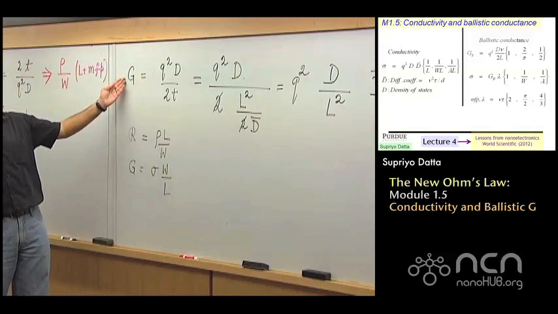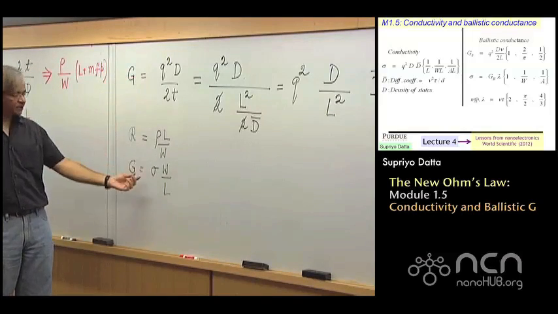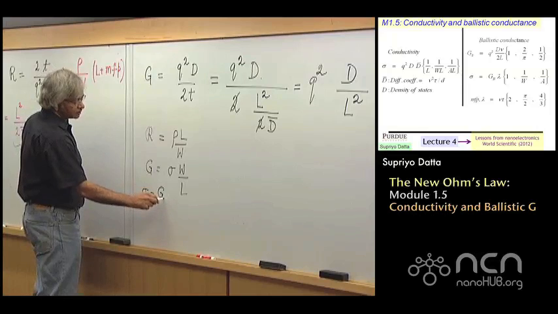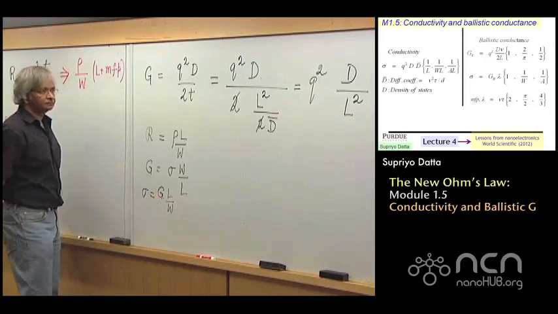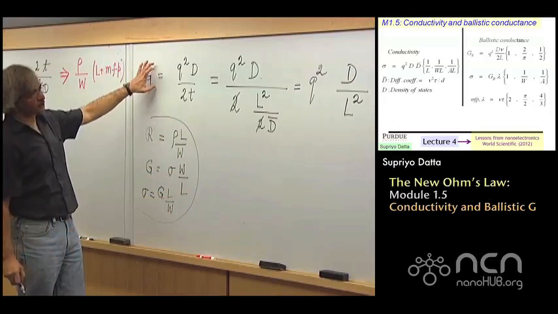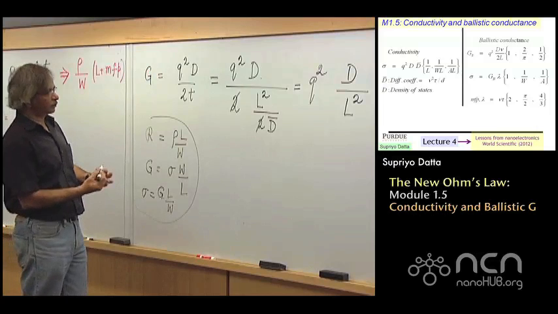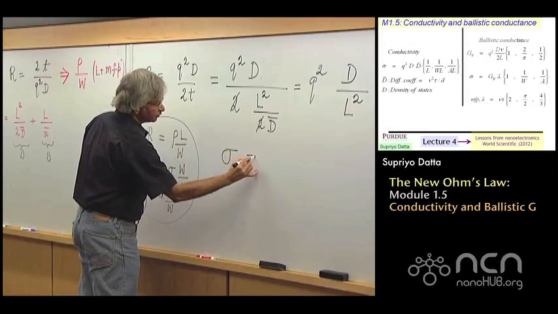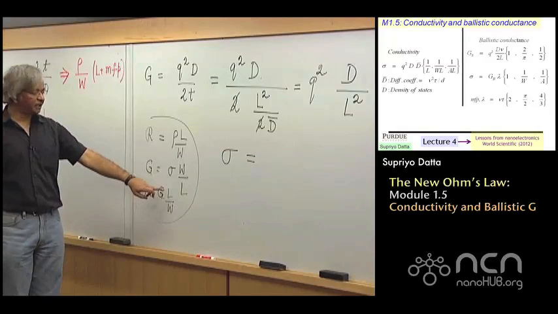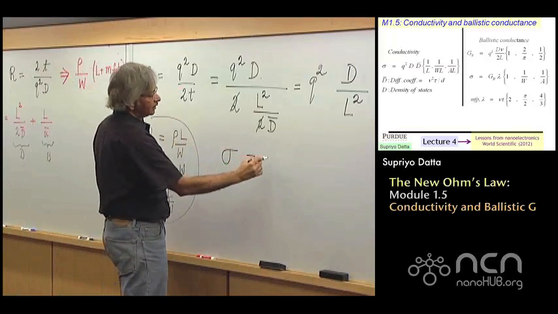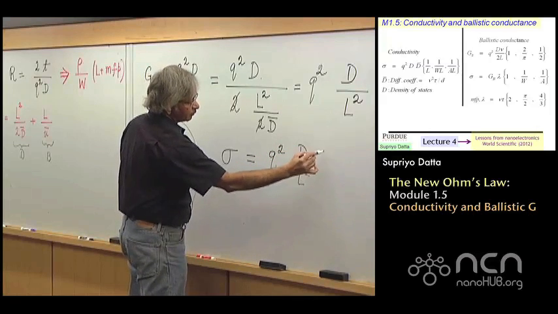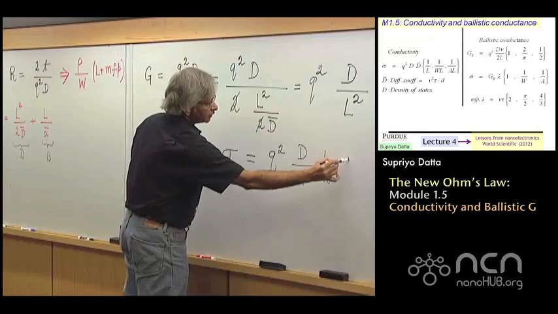So what we have here is an expression for conductance. If I want the expression for conductivity, conductivity should be conductance times L over W. So from this expression for conductance, we obtain an expression for conductivity, which is G times L over W. When I multiply that by L over W, you see D over L square, and then I have to multiply with L over W. Then there's the D bar.